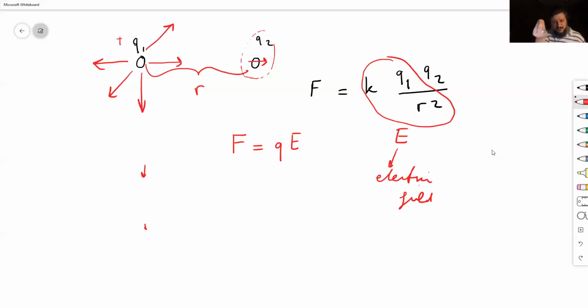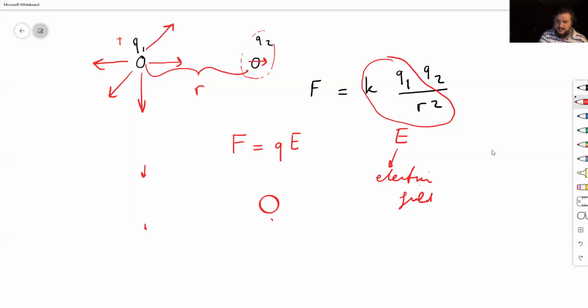And place that charge somewhere in that field. The charge will interact with the field where it is placed. That's what Q times E is, okay? E is the electric field, Q is the charge. If you multiply the two, you get the force on that charge.